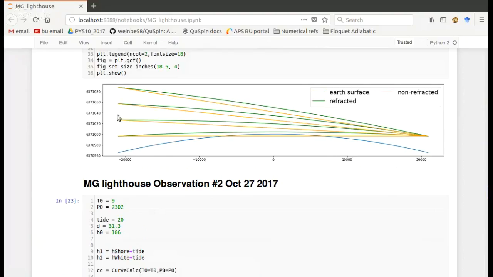But the subtlety here is that these objects are contained within the Earth's atmosphere, and so you have to be very careful when applying this refraction to objects which are outside of the Earth's atmosphere, because in that case these rays basically go to infinity, and it's not going to appear the same way as something on the surface of the Earth.